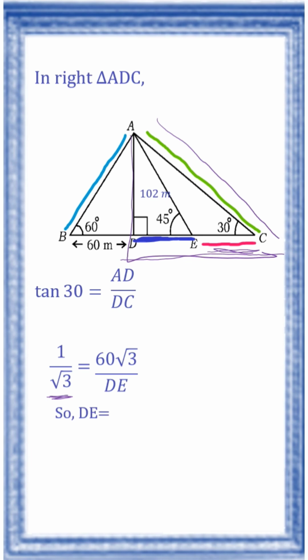So DC is equal to 60 root 3 into root 3. Root 3 into root 3, how much? 3. 60 into 3, that is 180 meter. Now we can calculate what? EC. How? EC is equal to 180 minus 102, that is equal to 78 meter. So EC is equal to 78 meter.